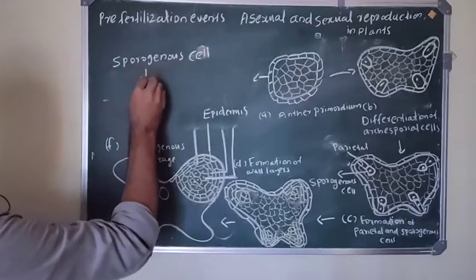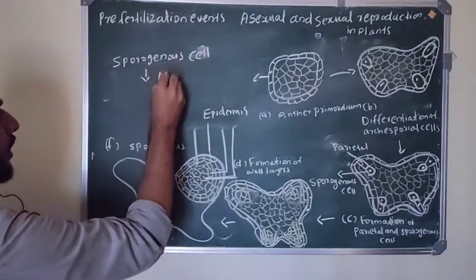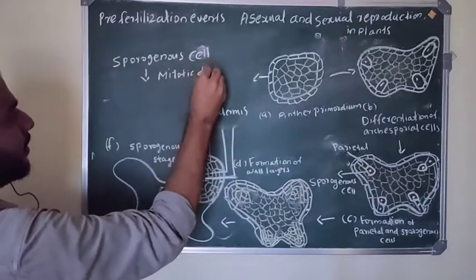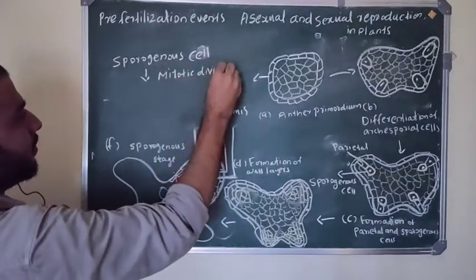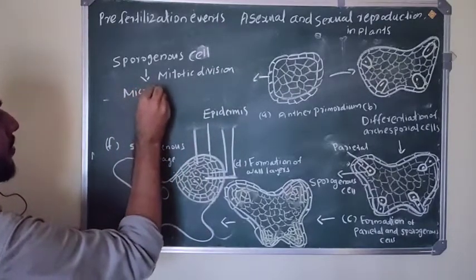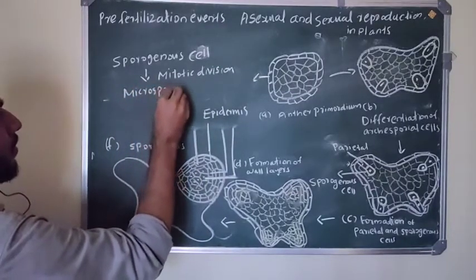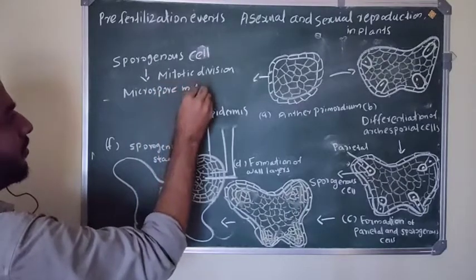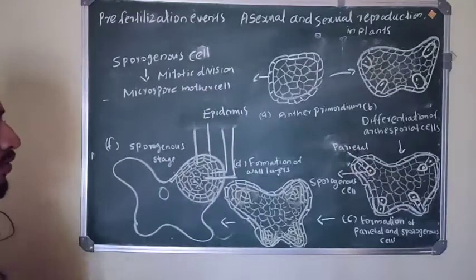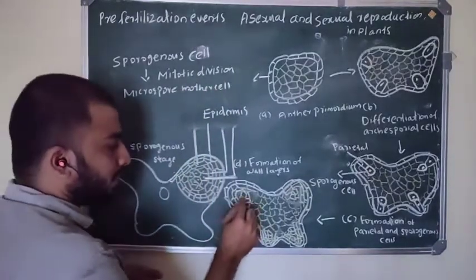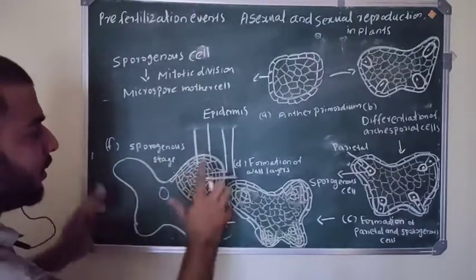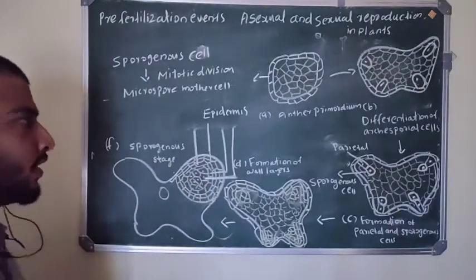The sporogenous cell undergoes mitotic division and forms the microspore mother cell. I didn't draw that picture, so look into your textbook.